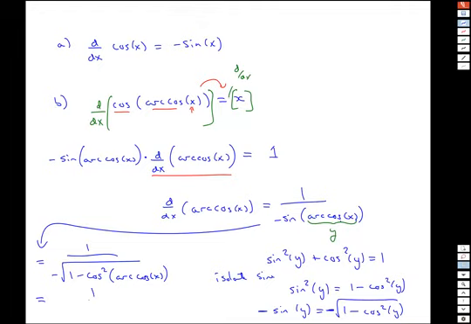I'll bring the negative to the top. Square root of 1 minus, well, the whole point of cos and arc cos of x, cos of arc cos of x can be replaced just by x. But it was that whole thing squared, so I'll have negative 1 over the square root of 1 minus x squared. So we end up back with the classic formula, the one we ask you to memorize, for the derivative of arc cosine.